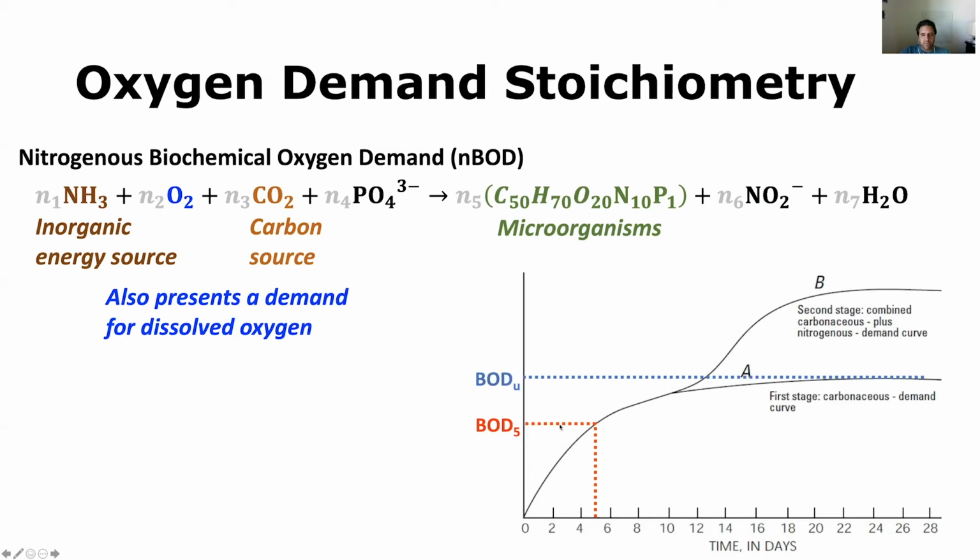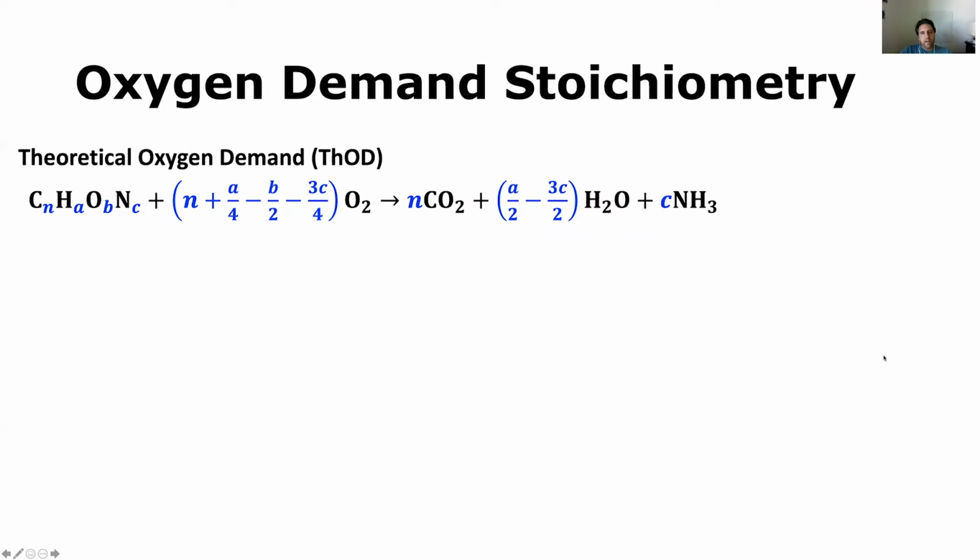All right, and we can distinguish BOD5 from BOD ultimate. We can also relate that to the COD, where COD is always going to be higher than BOD because there's always some fraction of the wastewater that is not biochemically degradable, but it can be oxidized chemically. All right, and again, we can calculate the theoretical oxygen demand if we have a particular constituent.